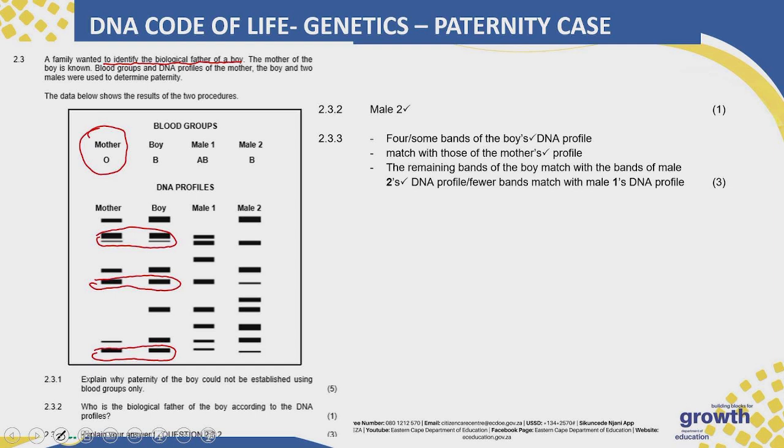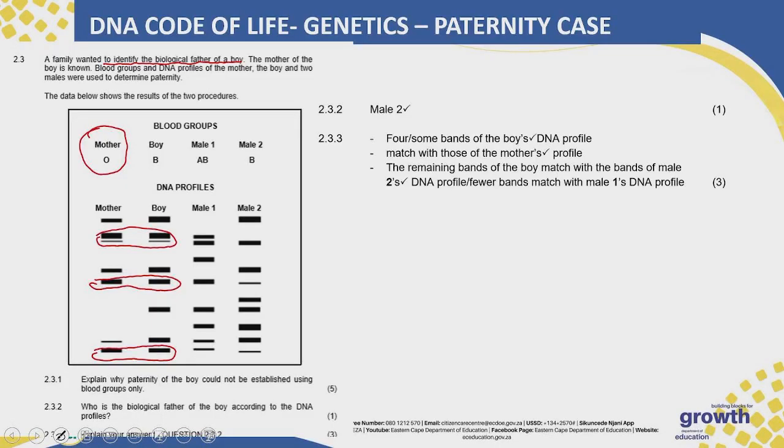Then what you do next, you look at the remaining bands from the boy and look at the fathers that are under discussion, or under the question of who is the father of this child. So you look at the boy and you can see that the boy is matching with male 2 over there. And then you go down, you can see that there is a match with male 1, and there's also a match with male 2.